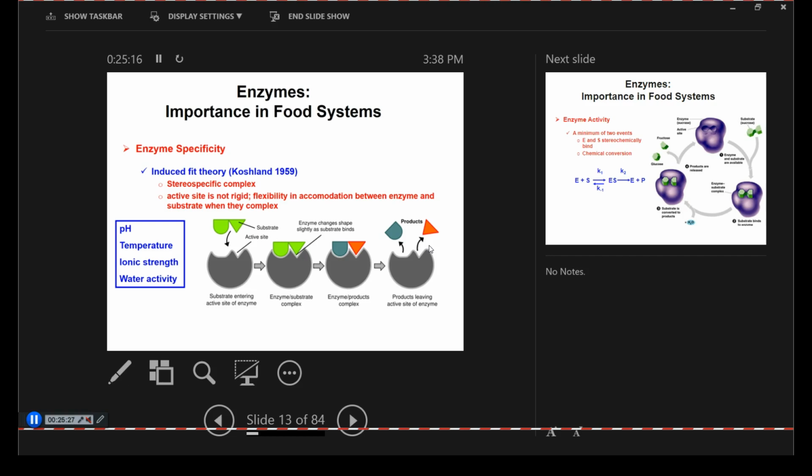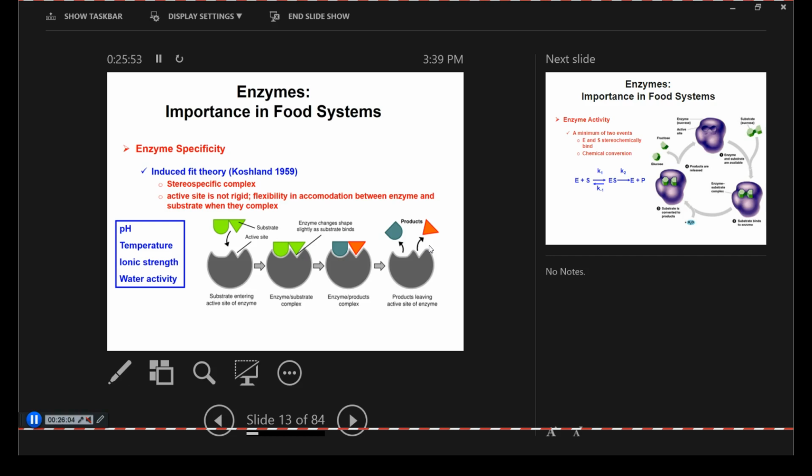So that's why, for example, activity of the enzyme is different under different conditions. Under different pH, there will be different ionization occurring with the enzyme. So the structure and the configuration of the enzyme will be slightly different, especially with the active site. The pH, the temperature, the ionic strength, water activity, they all impact the structure of the protein, which is the enzyme, therefore impacting how the substrate will specifically bind to your enzyme.